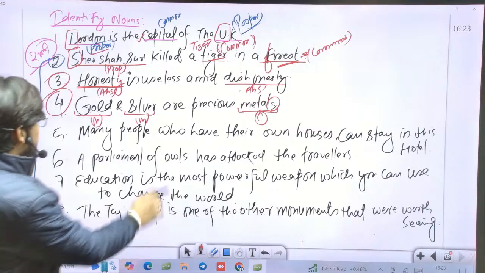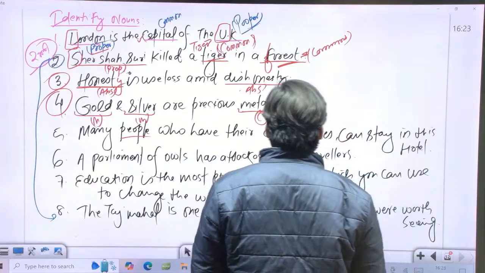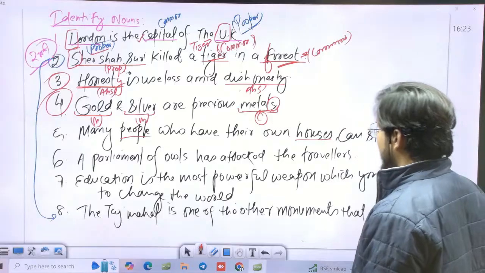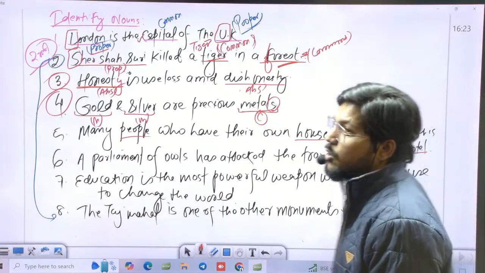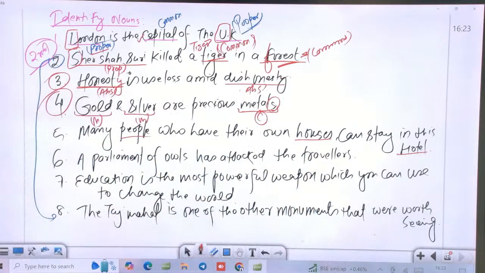Many people who have their own houses can stay in this hotel. Anything you can find? Only 3. People is what? Is this your common noun or collective noun? This is your collective noun.